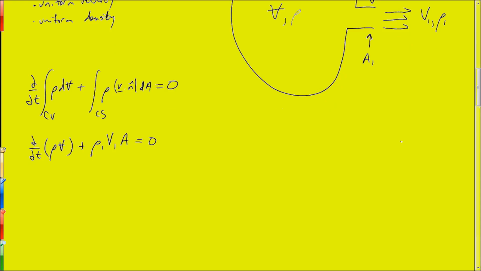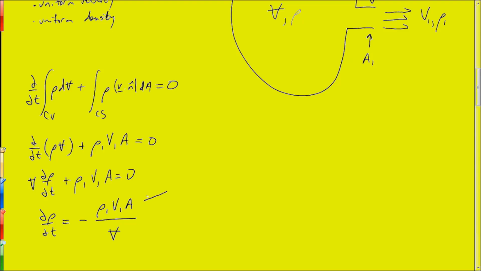So because the volume is not changing with time, we can take that outside of the derivative, and then we can solve for the change in density over time, d rho dt, and that's just going to be equal to minus rho1 v1 A1 over the volume of the container.